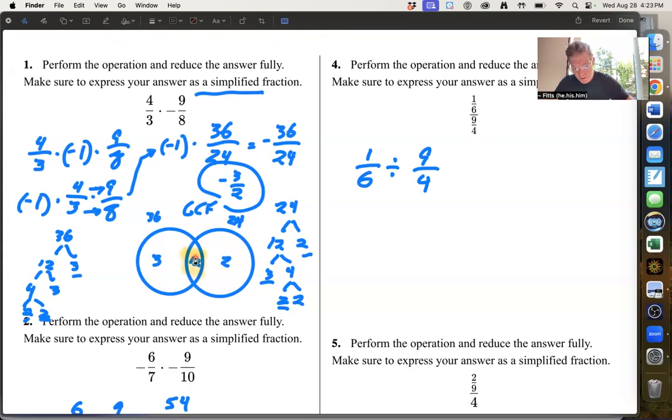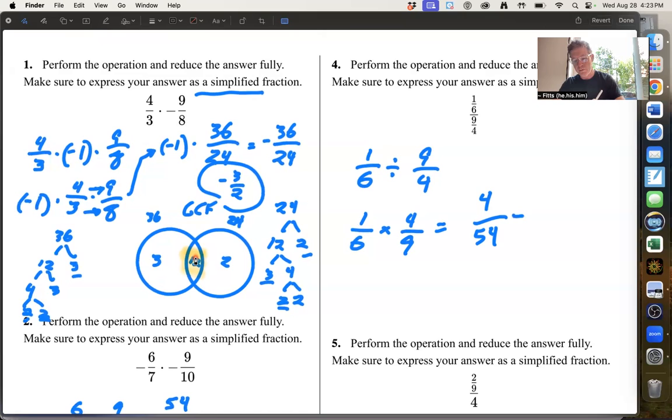So we could just say that's the same as 1/6 times 4/9. So what is 1 times 4? That's 4. What's 6 times 9? That's 54. Now, the common factor here, you could go ahead and do that whole Venn diagram that I did before, but I know they're both even.